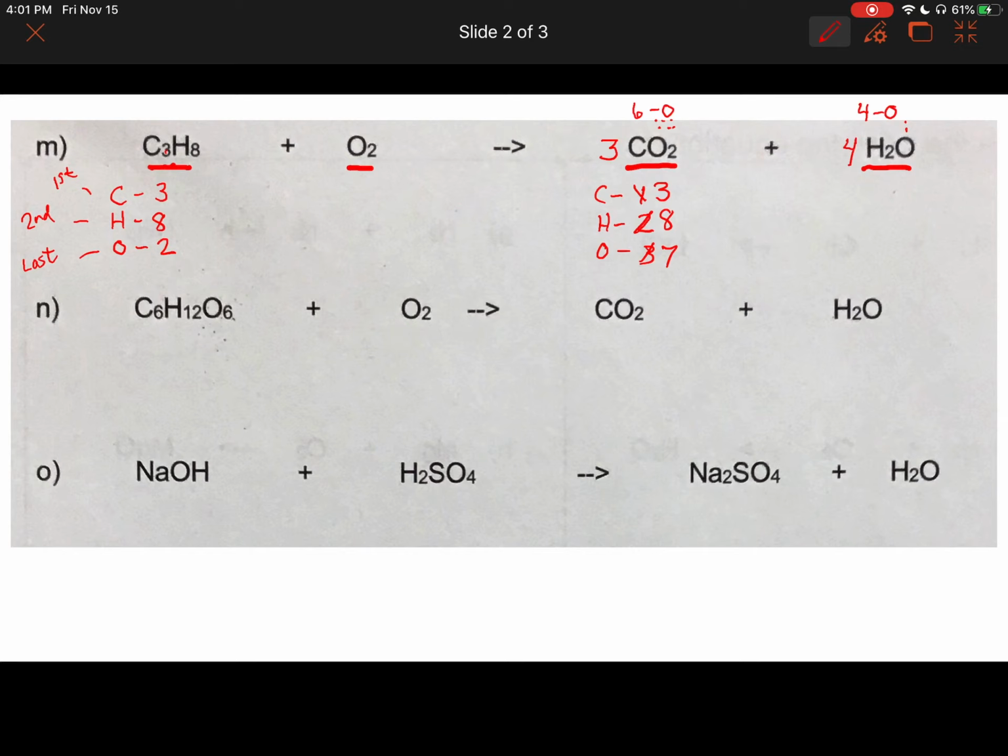So my total of oxygens is now 10. With my carbon and my hydrogen balanced, all I have really left to deal with is this oxygen right here, which is why it's handy to save it for last. So with my 10 oxygens here, with 2 oxygen atoms here, I can turn this into 10 by putting a 5 there. And that is how I can balance that equation.